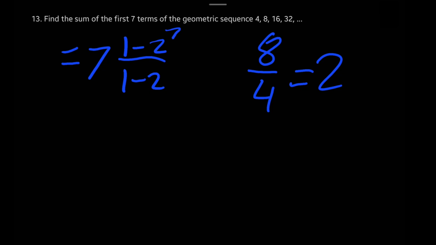So plugging in a calculator, 2 raised to 7 would be 128. So 1 minus 128 would be negative 127 over negative 1. Negatives will cancel out. Just multiply 7 with 127.